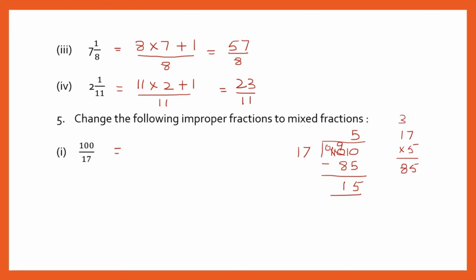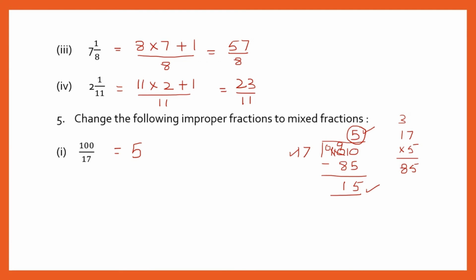Now we're going to use all these numbers, that is the quotient, the remainder and the divisor, to make our mixed fraction. The quotient will always be the whole number. Remember, a mixed fraction must have a whole number and a fraction. So the quotient is the whole number.